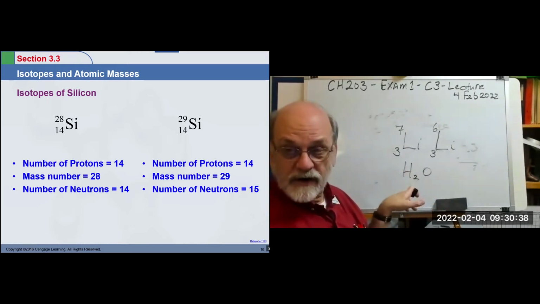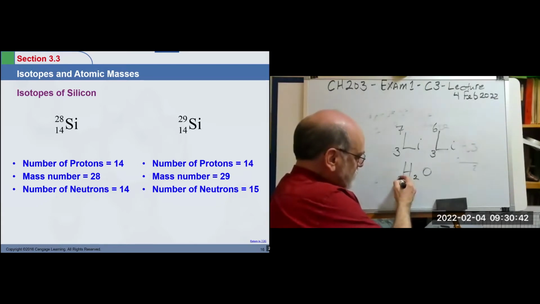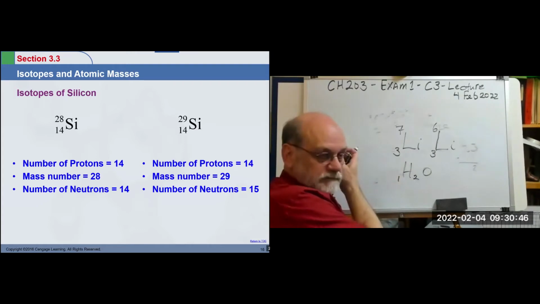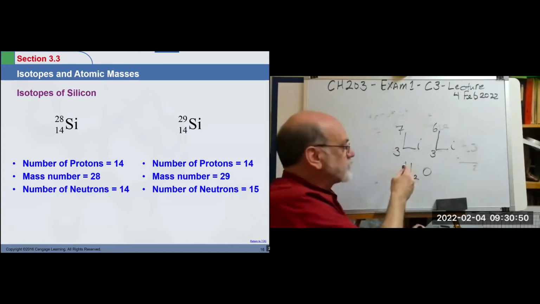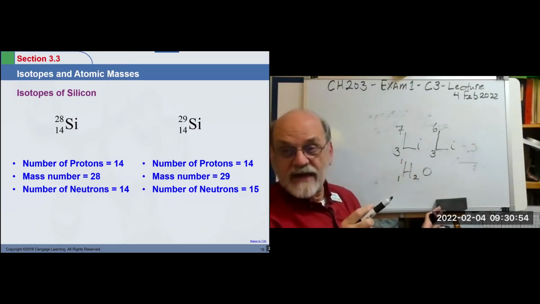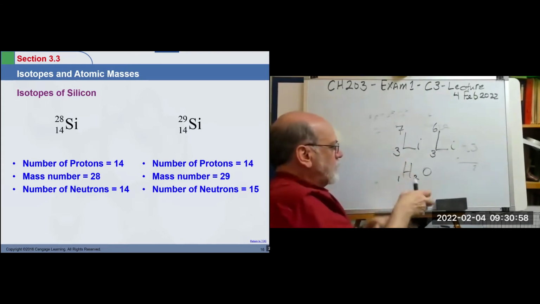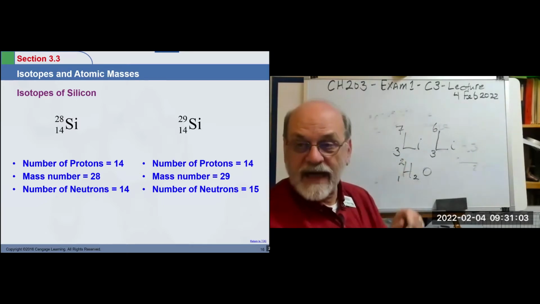It's heavy because the hydrogen is, right, 1 proton, but instead of most hydrogen having no neutrons, mass number 1, heavy water has added a neutron. So now it has a mass number of 2.